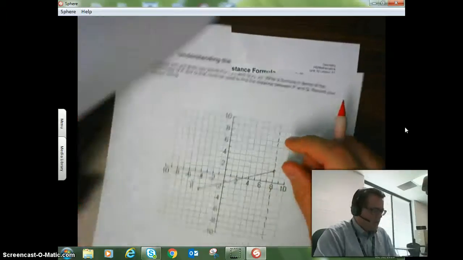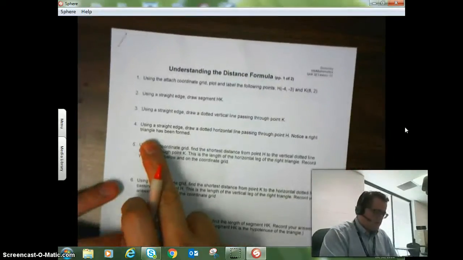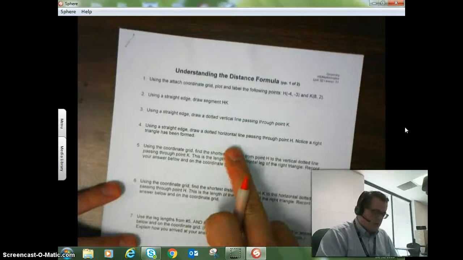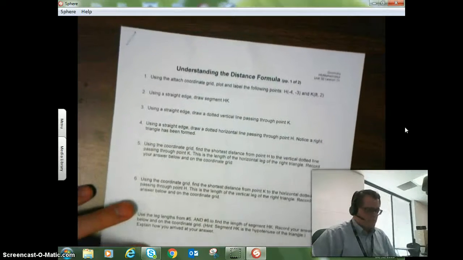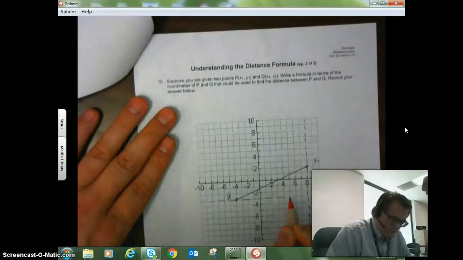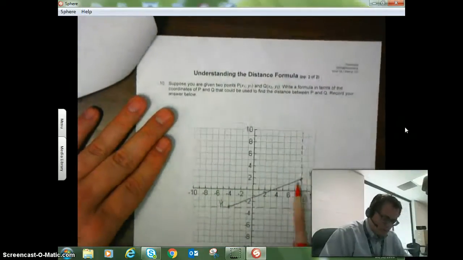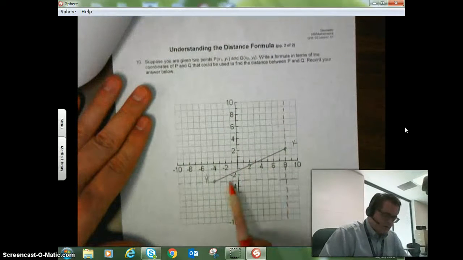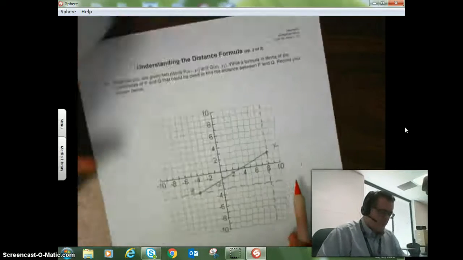Then the next part says draw a dotted horizontal line through point H, and when we're done we'll see hopefully a right triangle. And that's exactly what we see right here. We do see a right triangle.